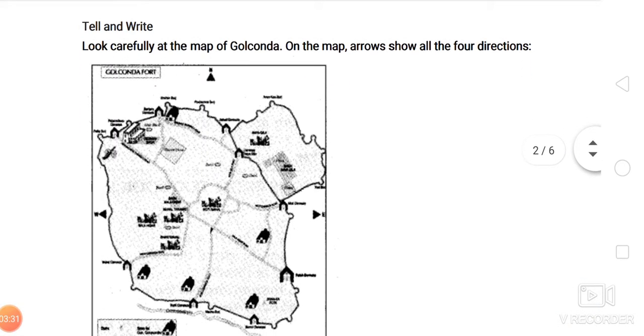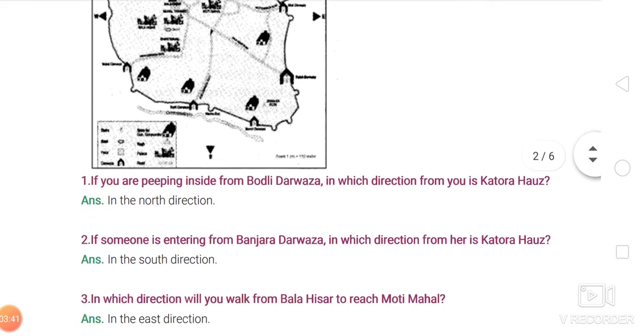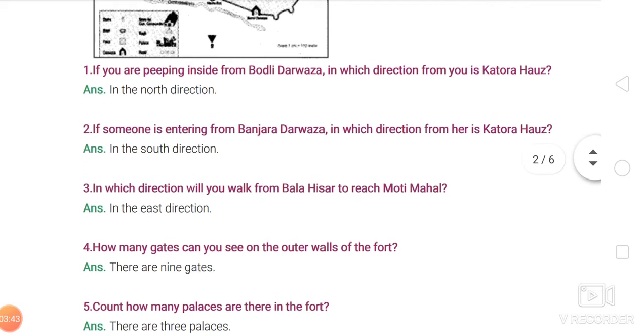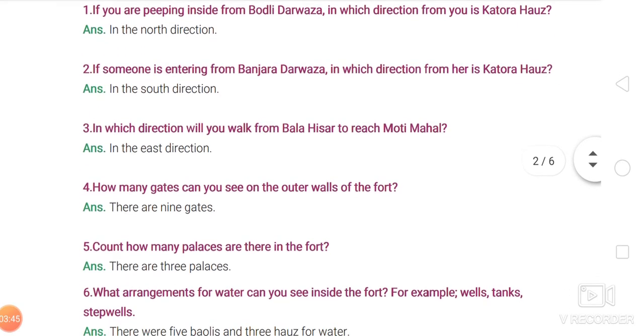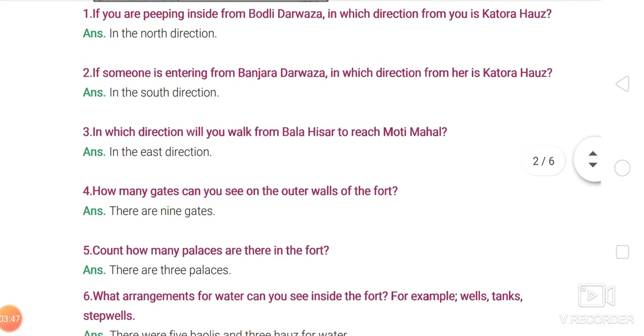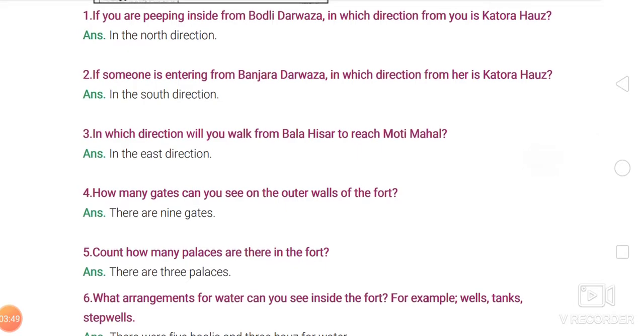Tell and write. Look carefully at the map of Golconda. On the map, arrows show all the 4 directions. If you are peeping inside from Bodli Darwaza, in which direction from you is Katora Haus? In the north direction.